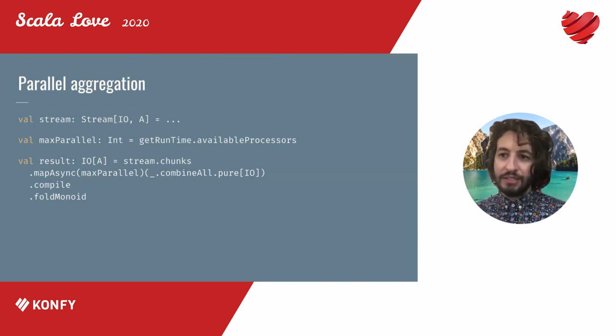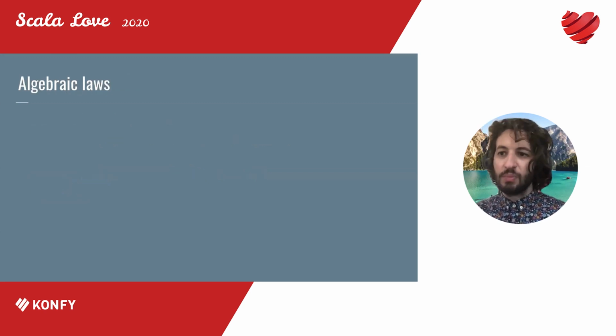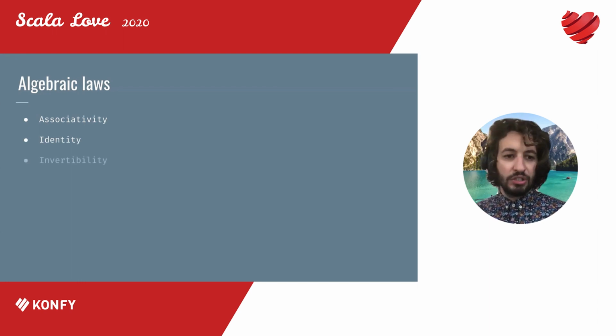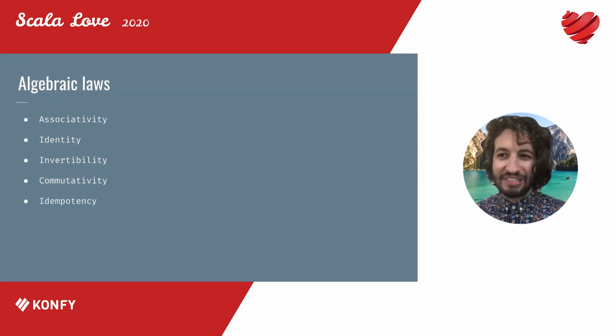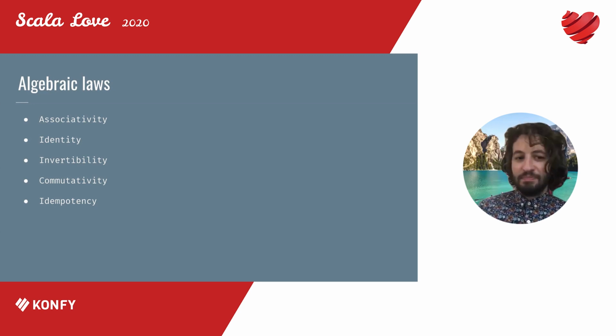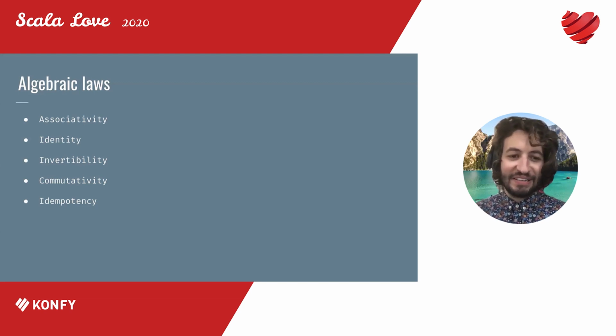So monoid is a type of algebraic structure, and these monoid laws are algebraic laws. That's just how mathematicians call them. Don't ask me, I'm not one of them. But yeah, there's many laws, not just associativity and identity, which are the ones we looked at, but there's also something like invertibility, commutativity, which probably most of you have heard of. I learned it at school, like 6th grade or something. Something called idempotency, or I don't even know how to pronounce this thing, but it is what it is.